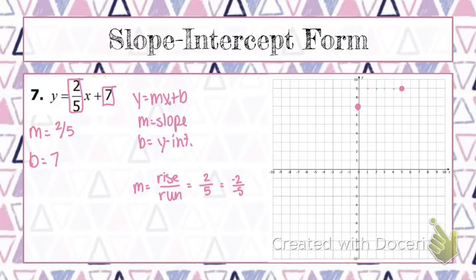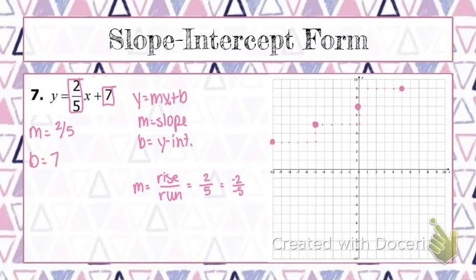So when we rise -2, that means we go down 2. And when we run -5, that means we go left 5. 1, 2, 3, 4, 5. So our next point is going to go right here. And then we've got room to make one more point, down 2, left 5.